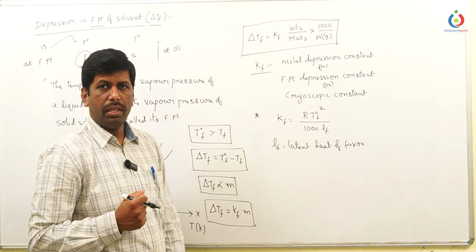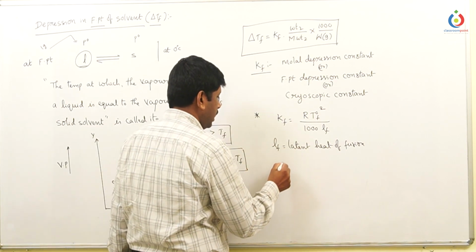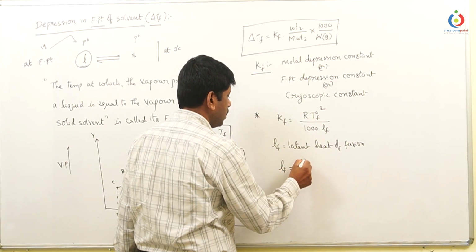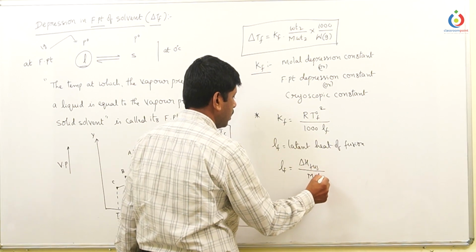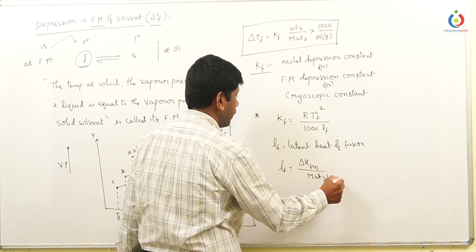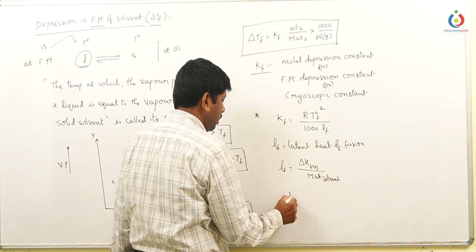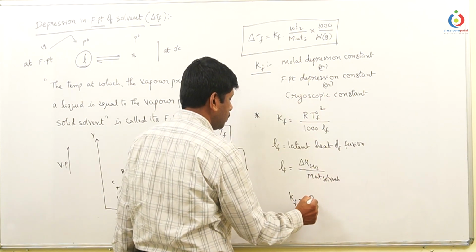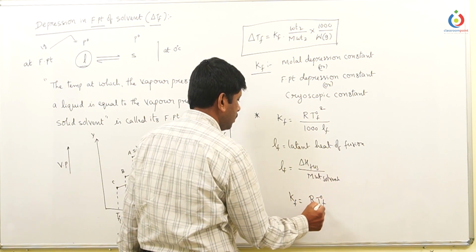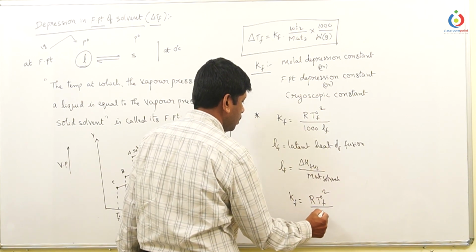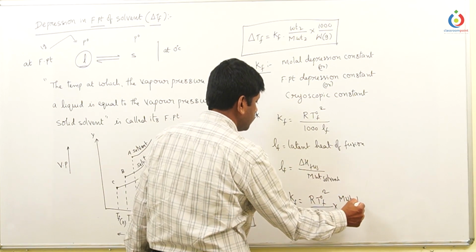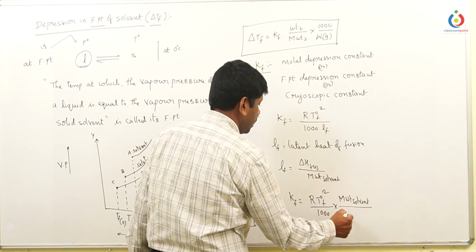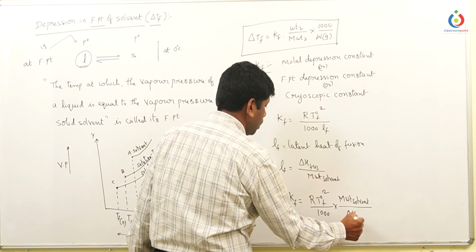And latent heat of fusion equals enthalpy of fusion divided by molecular weight of solvent. So let us substitute this value there. So we get Kf equals R T naught F square into molecular weight of solvent divided by 1000 into delta H of fusion.